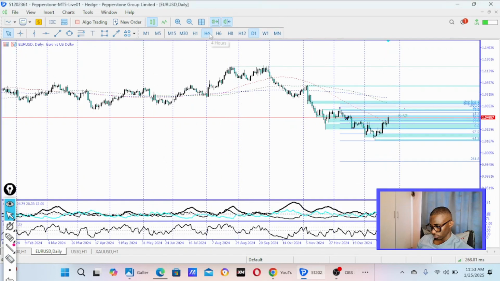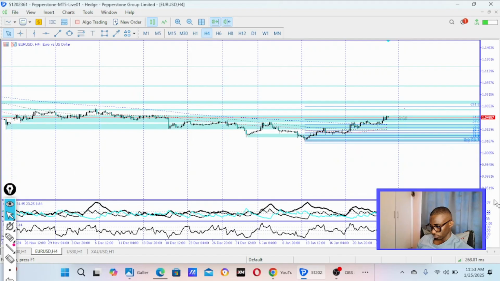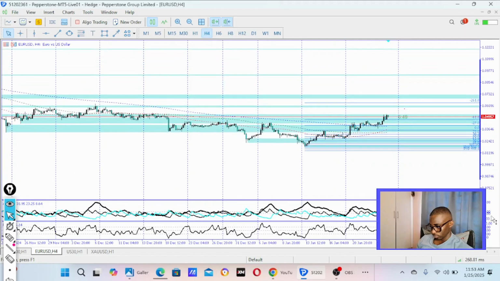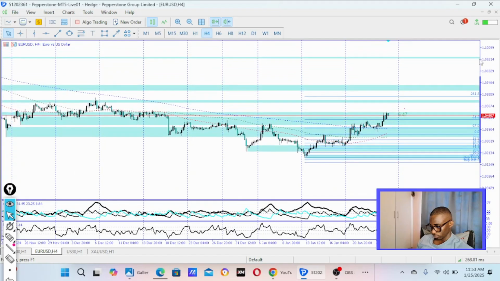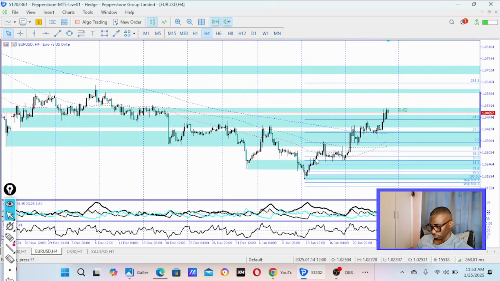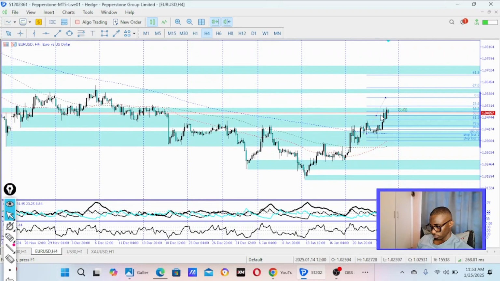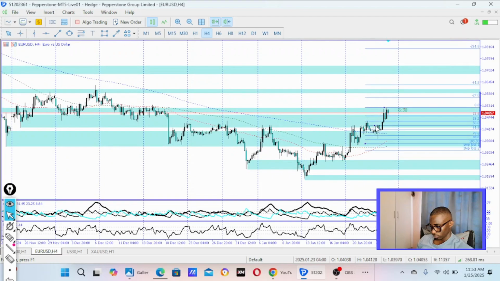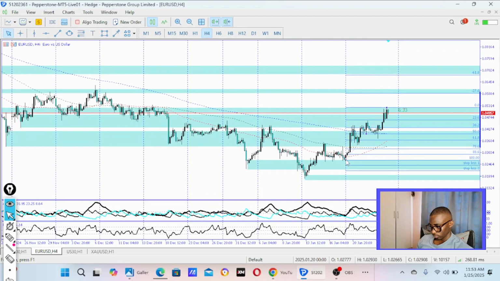So let's go to H4 to look for those buys on H4. So price closed here in a higher point. Price went from this lower point right here and closed in a higher point right here.